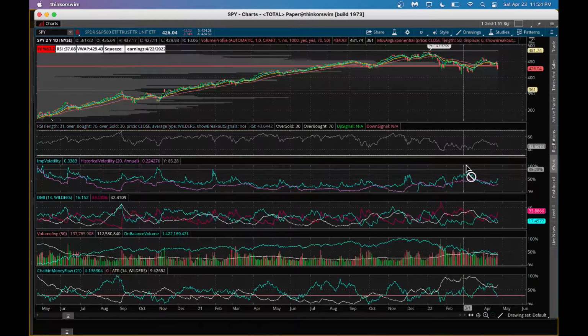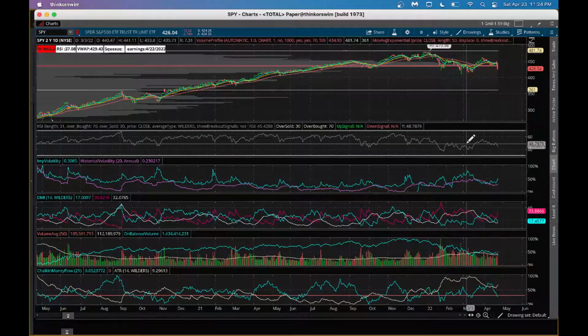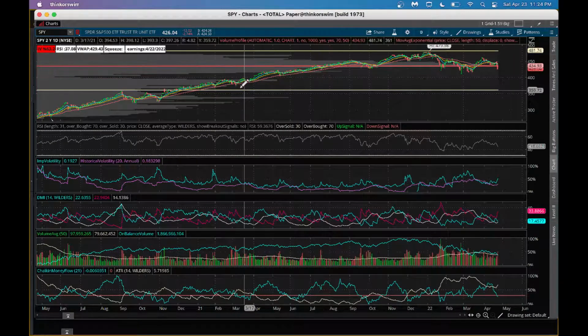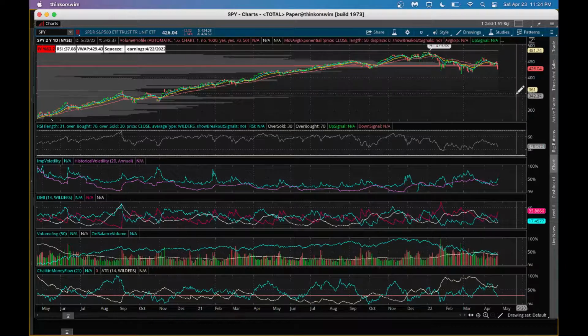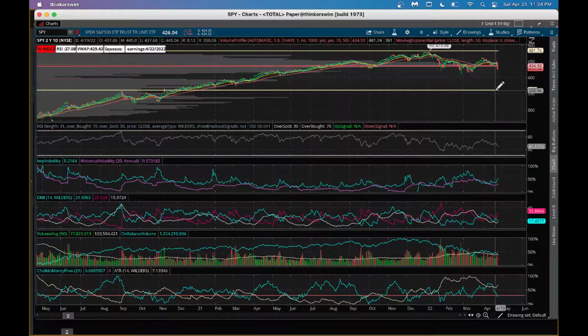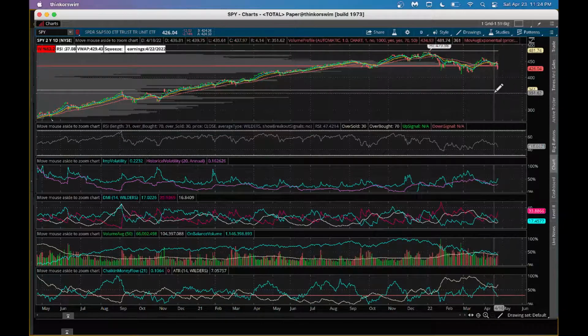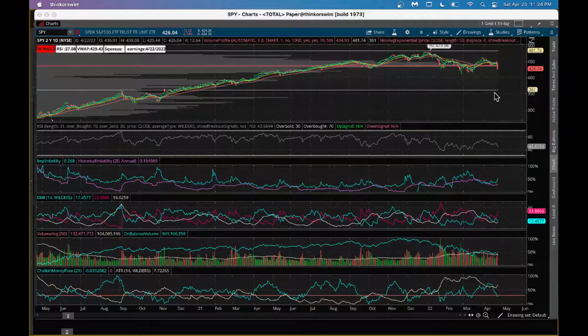All right, so we got a 2 year chart here of SPY, and as you look through support levels, we got a nice support level right here around 360 or so. I think we got a good support level here. You could look at 360 as a nice support level. This level was reached way in the past.